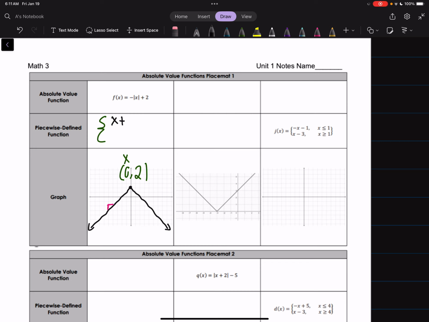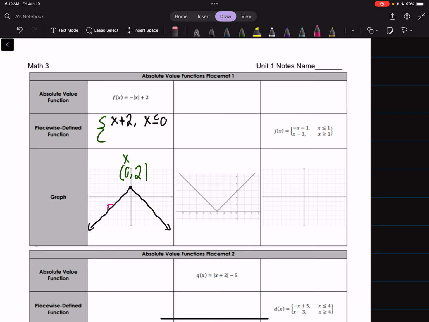So x plus 2, where x is less than or equal to 0. We have the equation x plus 2. We're wanting it up to the y-axis where x is equal to 0. We want it on the left side of that.